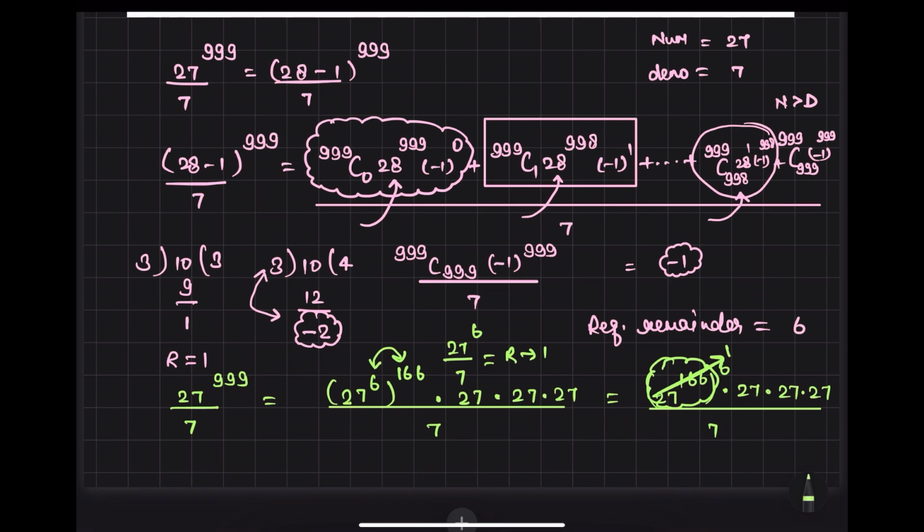And what will we get as remainder if we divide 27 by 7? Okay, 7 fours are 28, so 27 minus 28 is minus 1. So we get minus 1 from here, minus 1 from here, minus 1 from here. So we got 1 into minus 1 into minus 1 into minus 1, which is minus 1. So the remainder is minus 1.